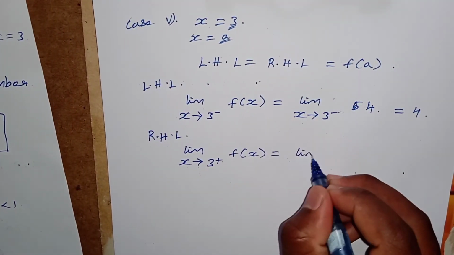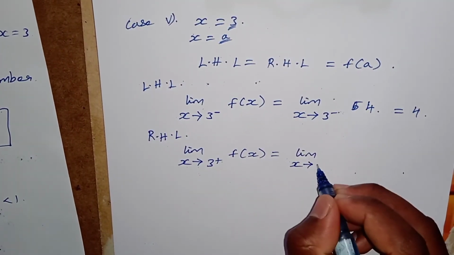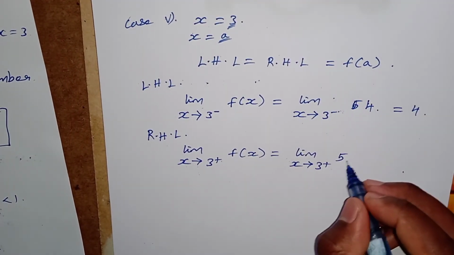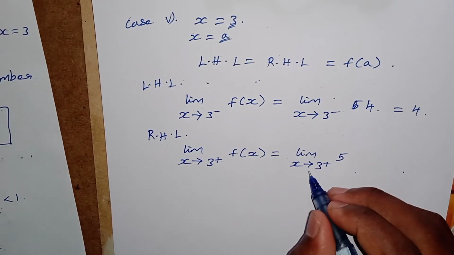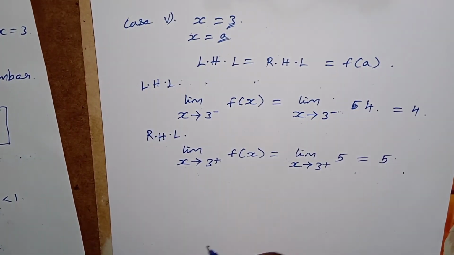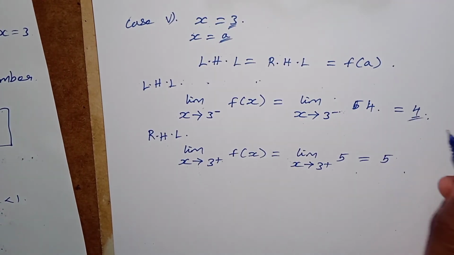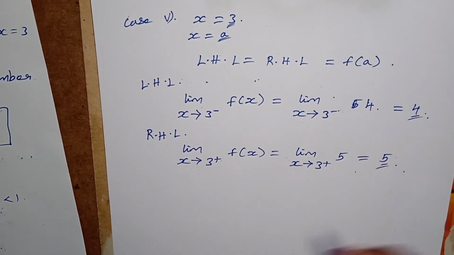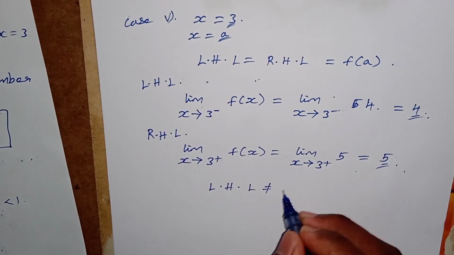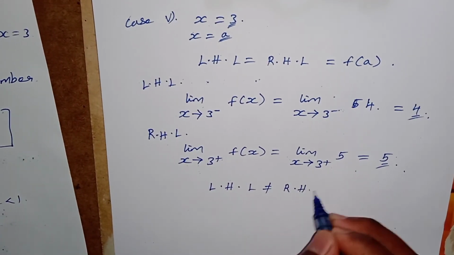Therefore limit x tends to 3 plus is 5, there is no x to substitute the value, therefore 5 is my answer. Here left hand limit is 4, right hand limit is 5, therefore left hand limit is not equal to right hand limit.